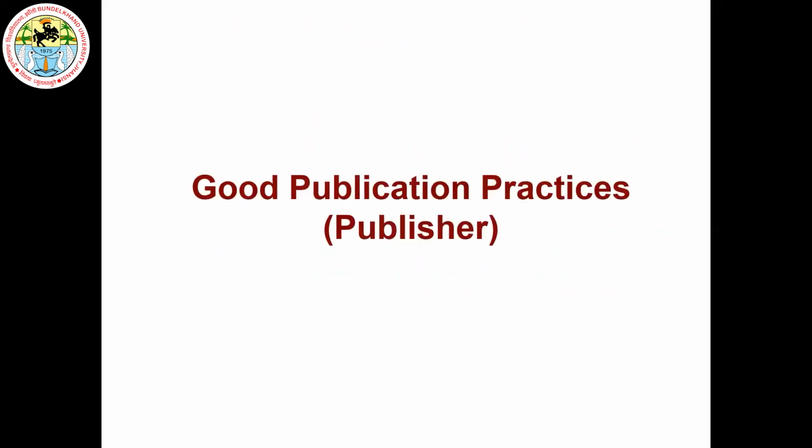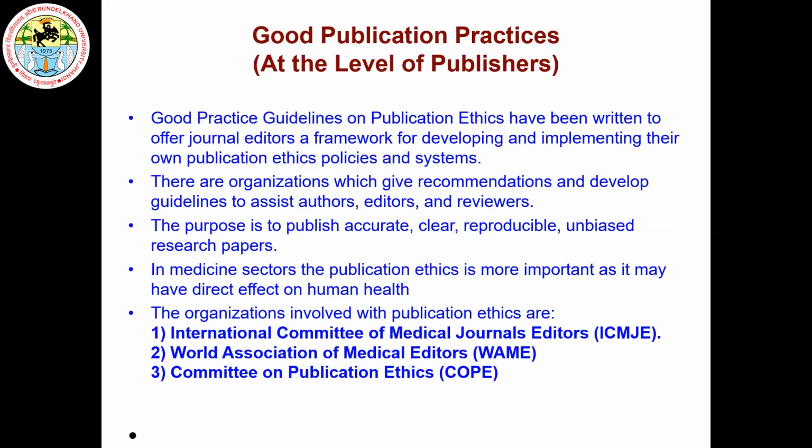Okay, then at the publisher level, what do you mean by good publication practices? Because at the researcher level there are guidelines, and for the publisher level also there are good publication practice guidelines. So good practice guidelines in publication ethics have been written to offer journal editors a framework for developing and implementing their own publication ethics policies and systems.